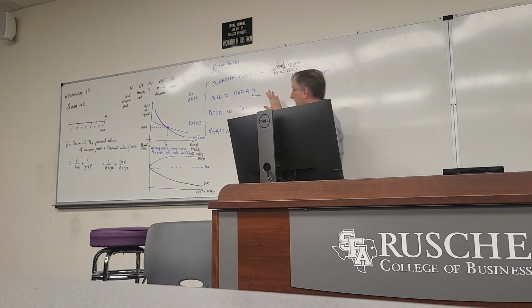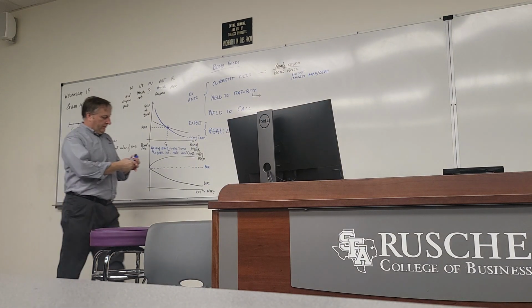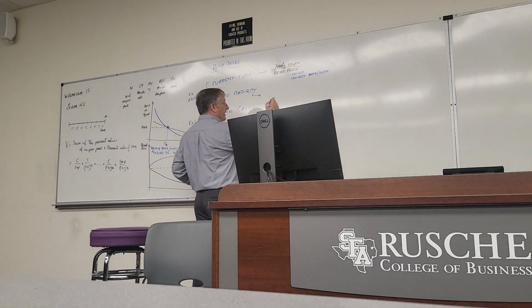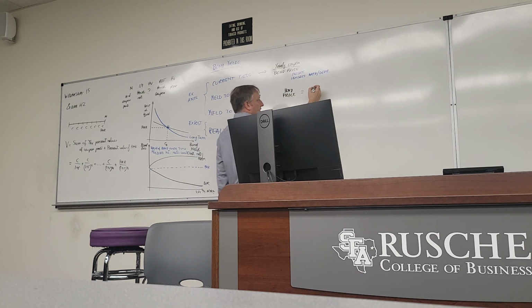So how do we calculate the yield to maturity? The yield to maturity is calculated by looking at the bond price. You set that equal to the sum of the present value of the coupons.